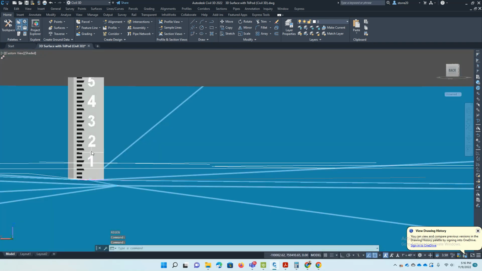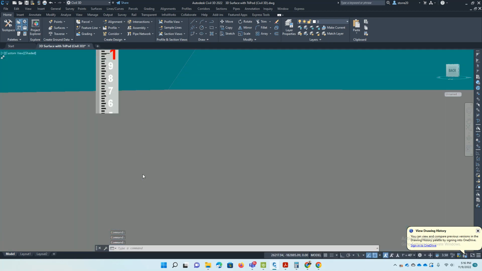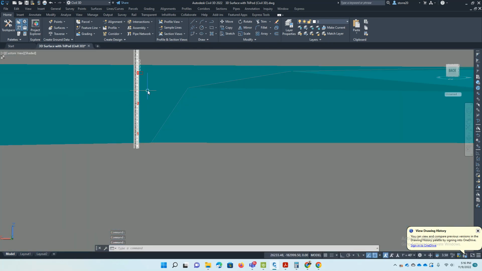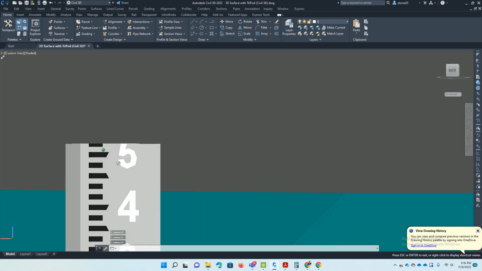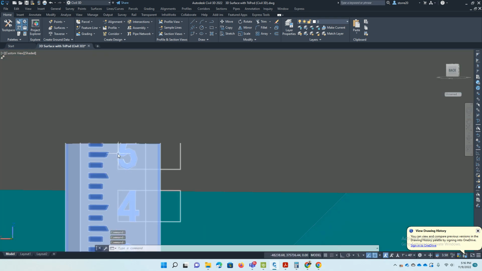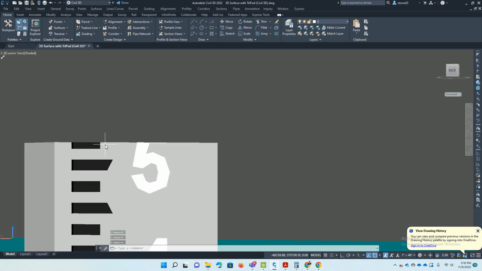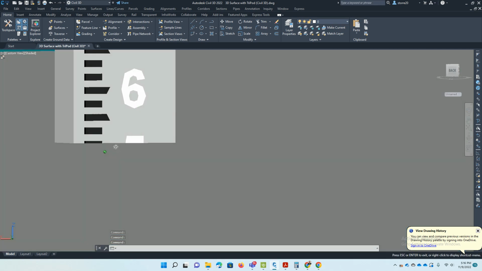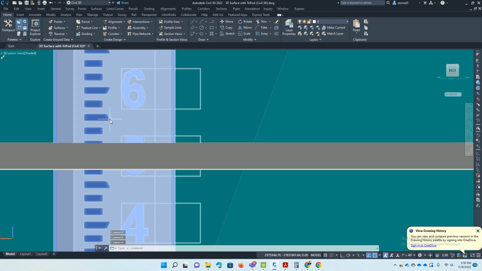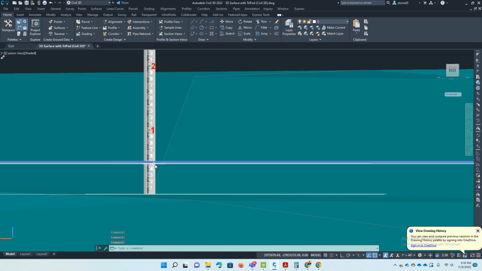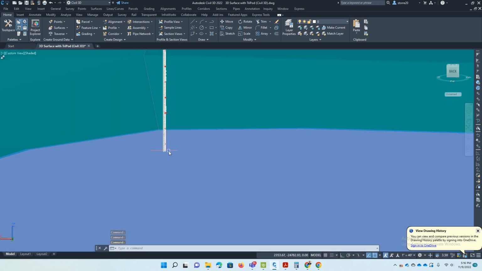So this is going to be a 0, because we have the 1 over here, 2, 3, 4. So it could be 0.4551, and I could probably round it. I'm going to call it 0.52.